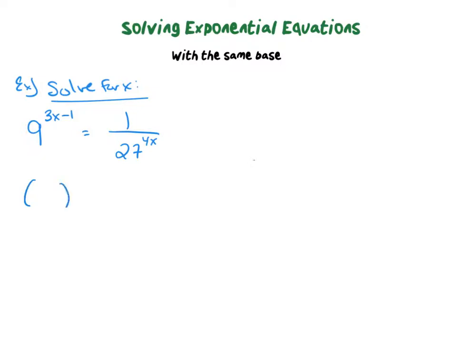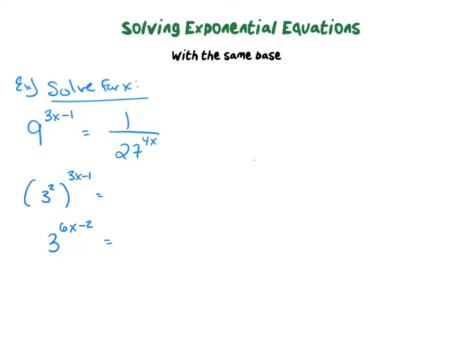So instead of 9 to the 3x minus 1, I'm going to write 3 squared to the 3x minus 1. And then I want to do one more step. I'm going to, just like in the last example, multiply the exponent 2 through the exponent 3x minus 1. So this would be 3 to the 6x minus 2.